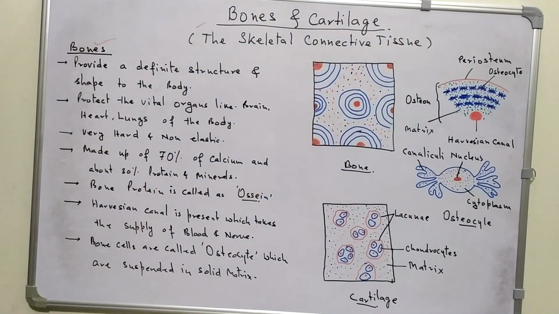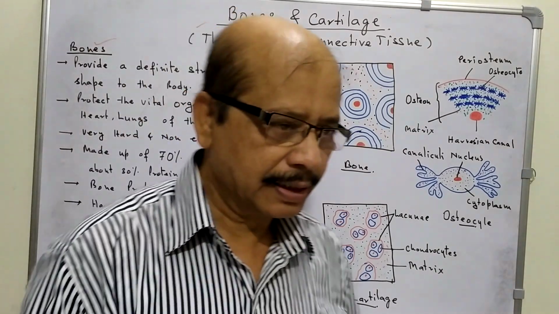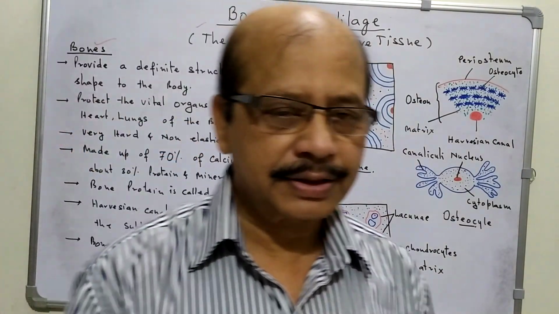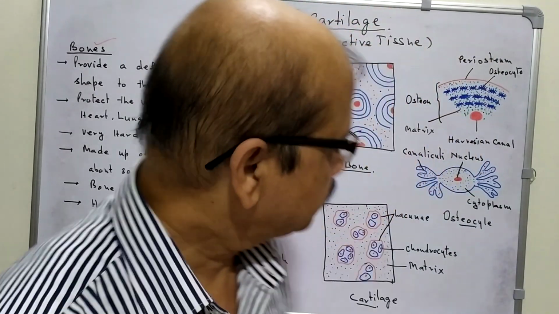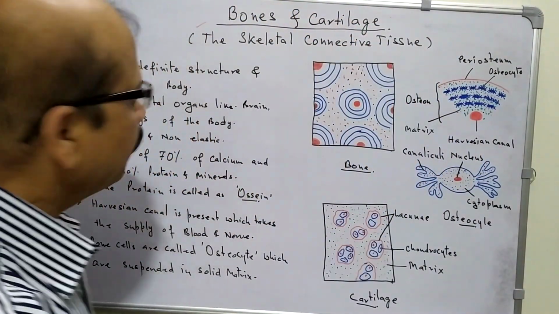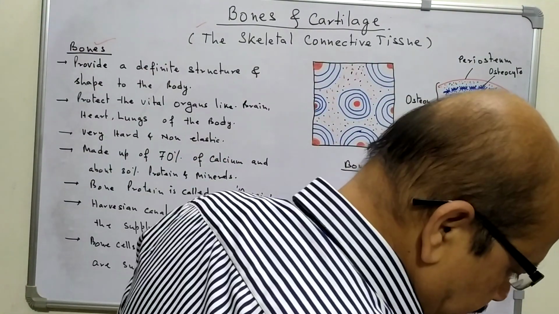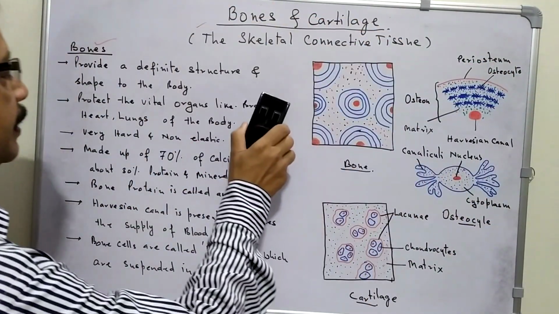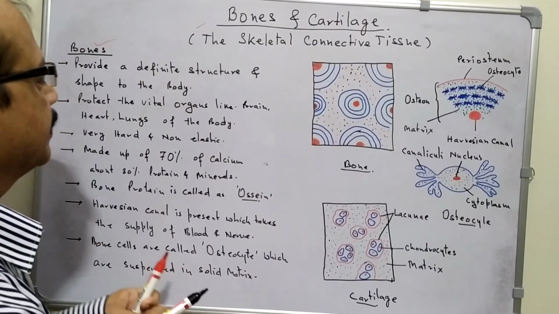Bones are very hard and non-elastic. They are hard in nature and non-elastic, so you cannot bend them. They are made up of 70% calcium phosphate. Not only calcium, but you can write here calcium phosphate.